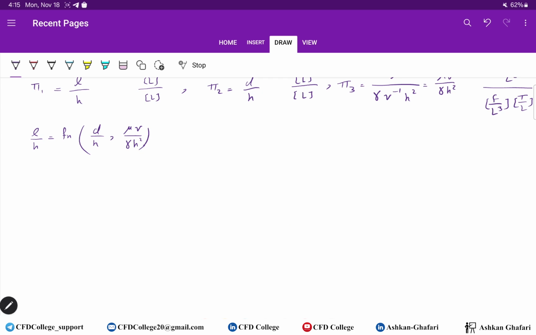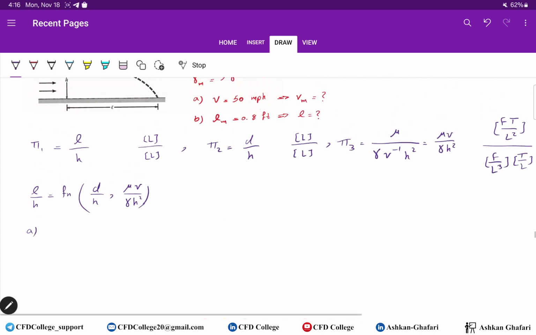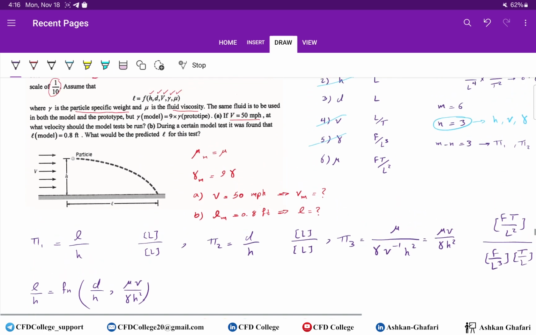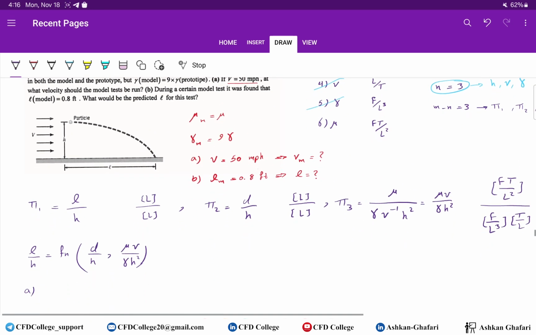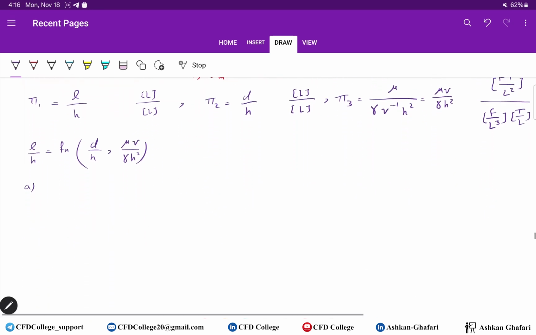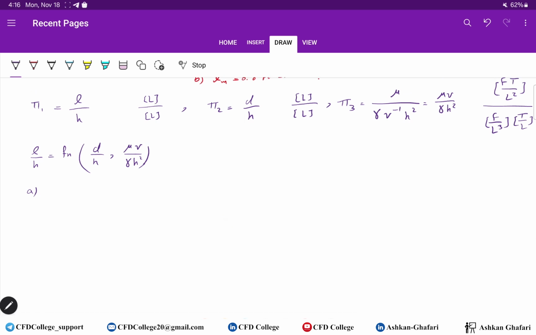So for the similarity, all these three should have similarity. In part A we have velocity, so it's obvious that we should use pi 3.